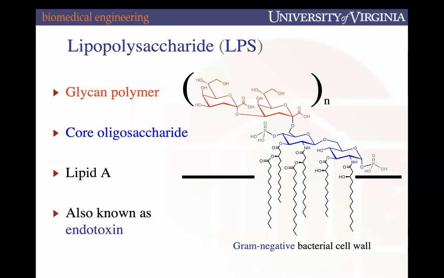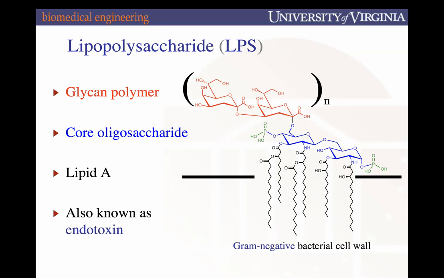So one of those ligands that we talked about is lipopolysaccharide. It is particularly present on gram-negative bacteria. It is the key feature of what's on gram-negative bacteria, and we're going to show why that is. It typically has a glycan polymer on the top, a core oligosaccharide, and it's also known as endotoxin.